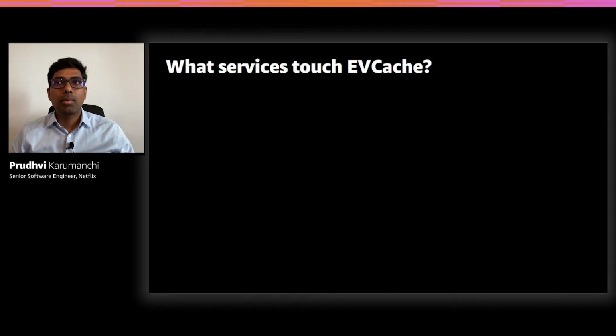So what services touch EV cache here at Netflix? EV cache, let me say it's a tier 1 microservice here at Netflix, and without EV cache, all the clients are expected to bombard the database servers, and database servers are going to crash. So all the microservices hit EV cache, and then it guards all the client requests from landing on the databases.